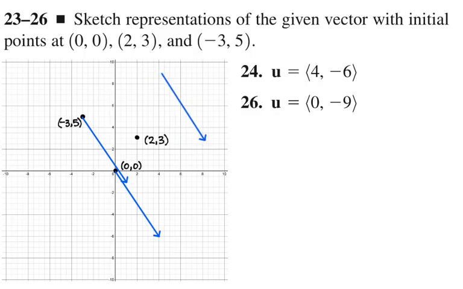It's 4, negative 6. No matter where I put it, this is moving positive 4 in the x direction and negative 6 in the y direction. So just for randomness, I drew another one right over here. I'm not doing any other problems for this. This is the same idea that you're going to do the odd problems in this section.